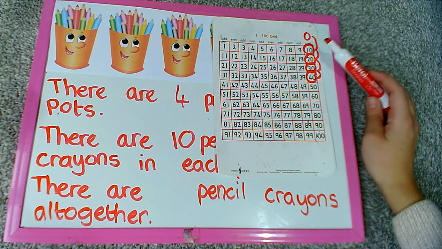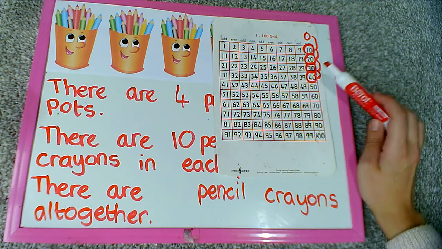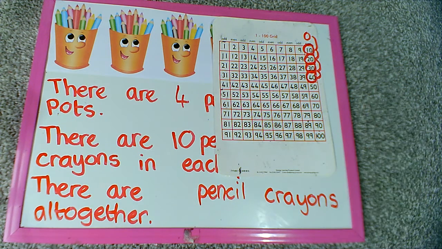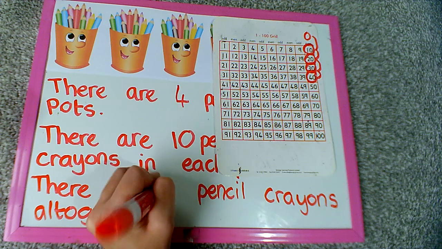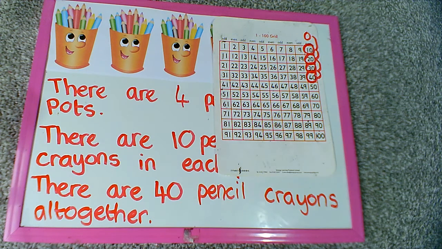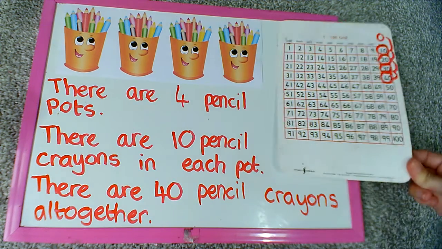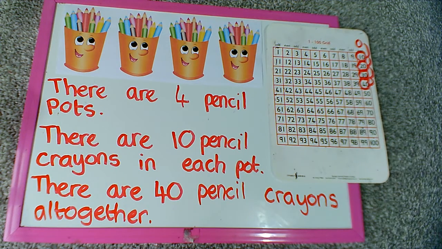So we've gone 0, 10, 20, 30, 40. So there are 40 pencil crayons altogether, because if there are 4 pencil pots and 10 pencils in each pot, 4 lots of 10 is 40. Let's try another challenge altogether.